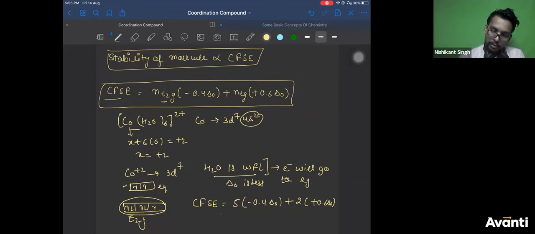If you simplify this, you'll get 5 into 4 is 20. So minus 2.0 Δo plus 1.2 Δo. So this gives you a value of minus 0.8 Δo.